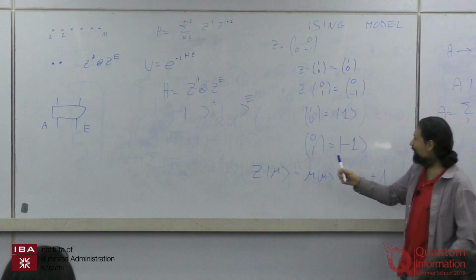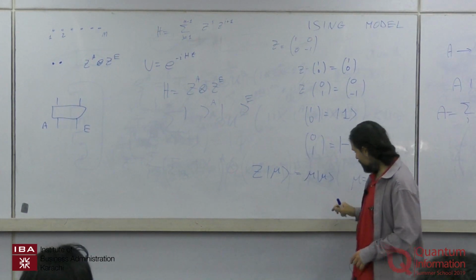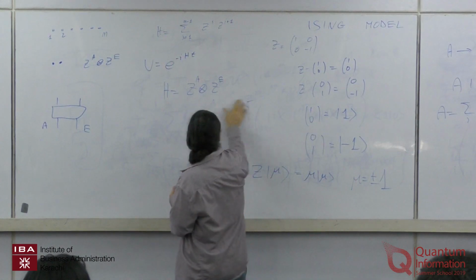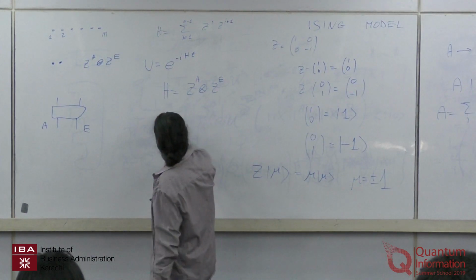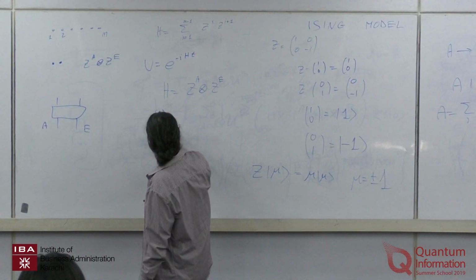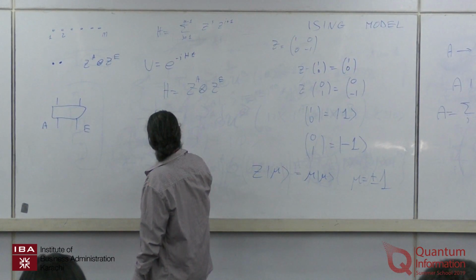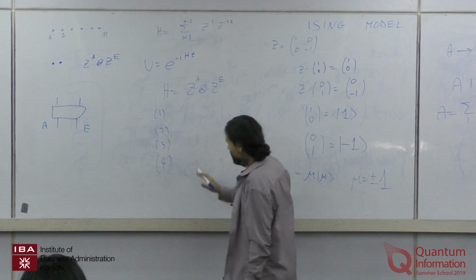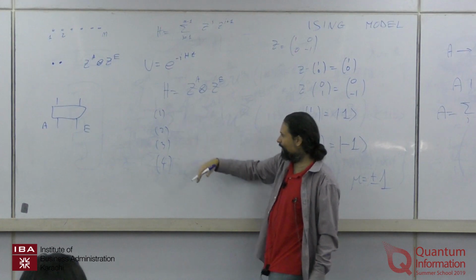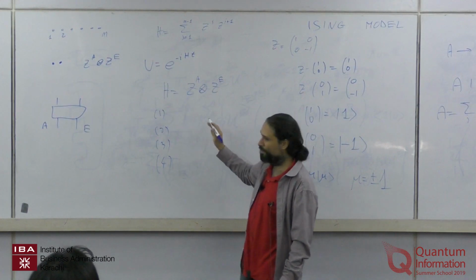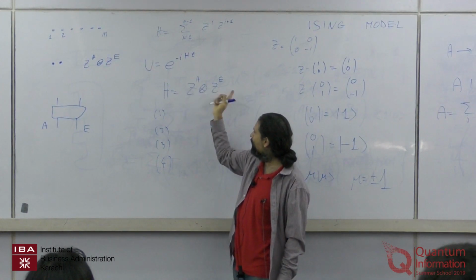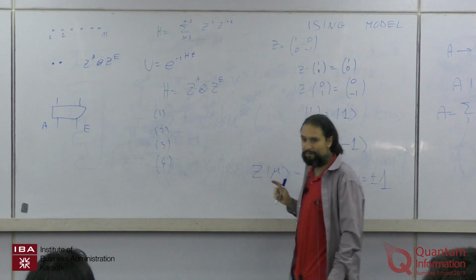So how are these related to those? Or let's list all of them: 1, 2, 3, 4. This has nothing to do with eigenvalue, it's just a list. What is one eigenvector of this operator?